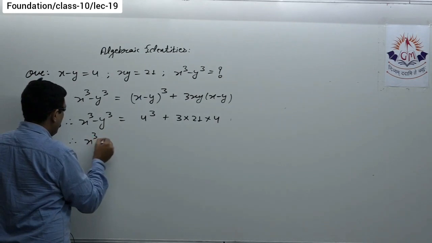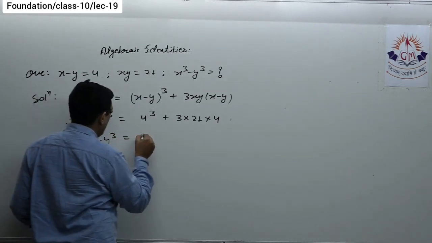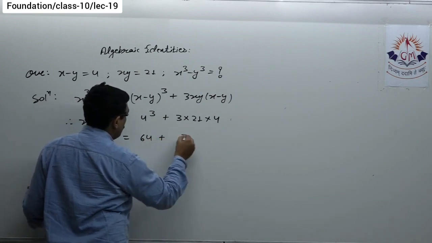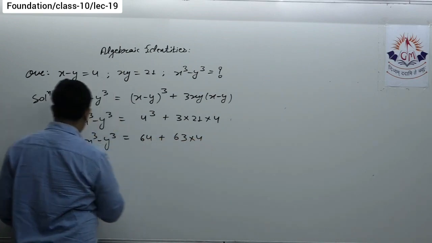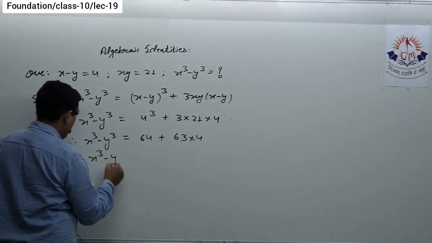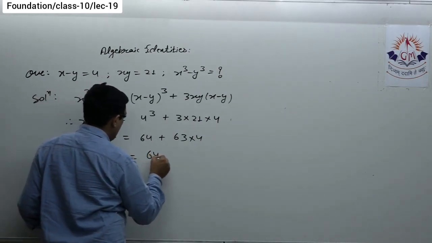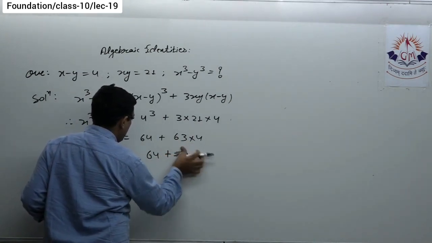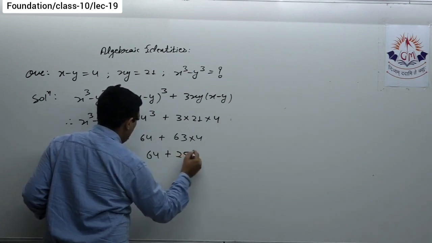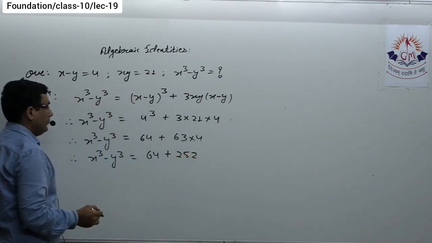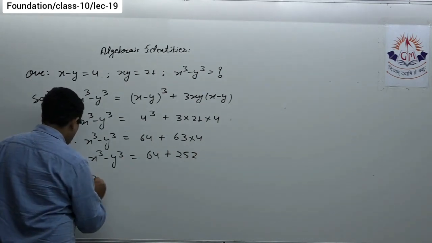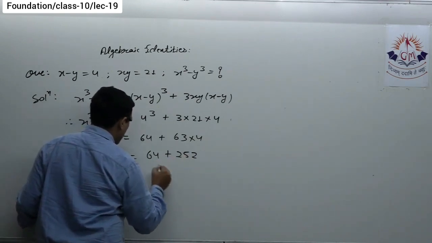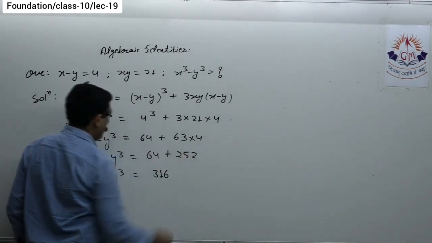So x cube minus y cube is equal to 64 plus 252. So ultimately x cube minus y cube is going to be 4 plus 2 is 6, 5 plus 6 is 11, 316.